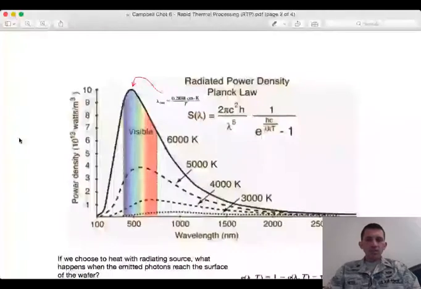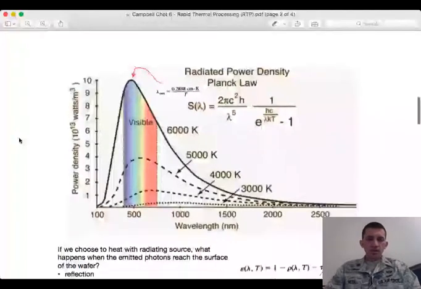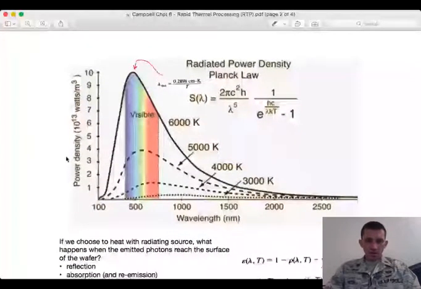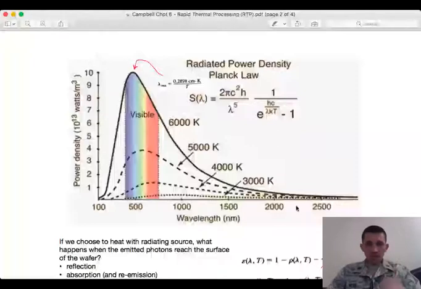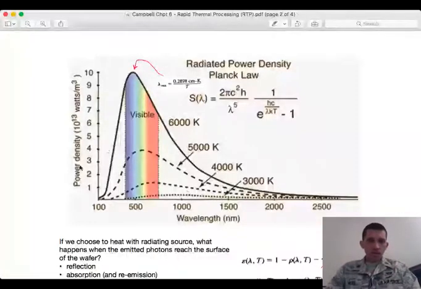And as I said on the previous page, here's just a picture of it. You get a distribution of a black body as a function of wavelength for different temperatures. And here we have the emittance, in watts per area.